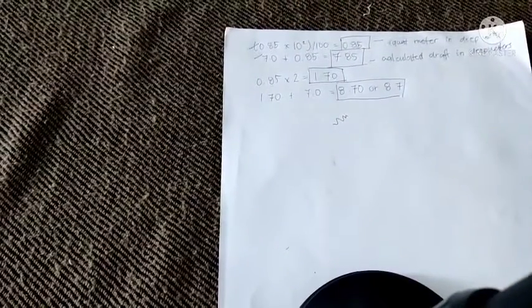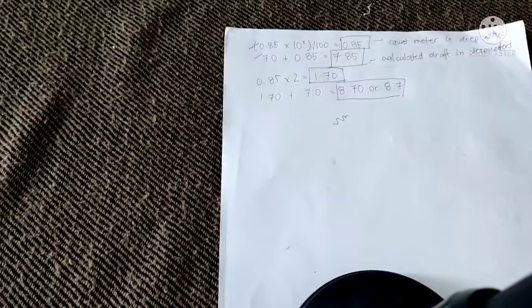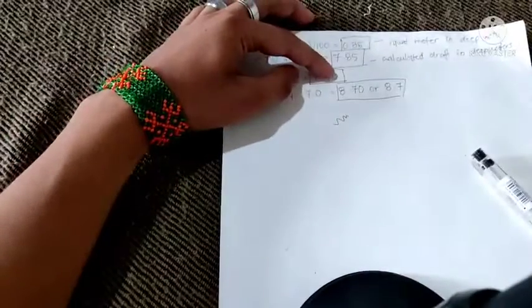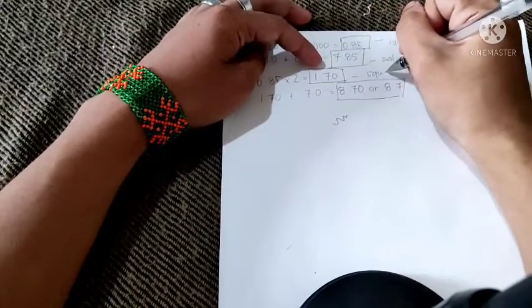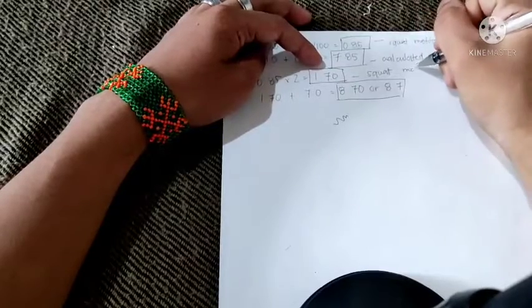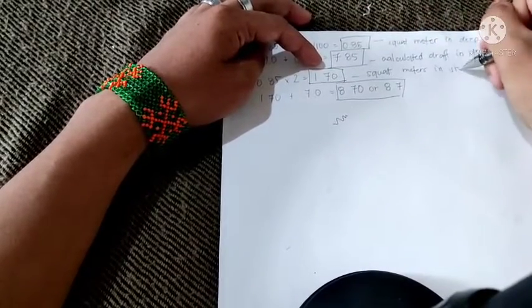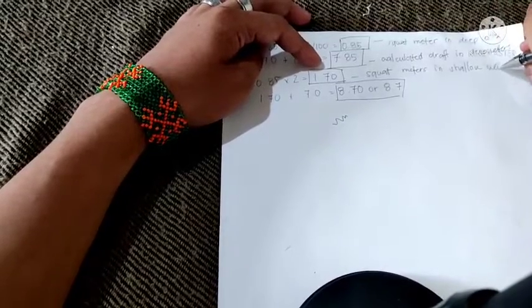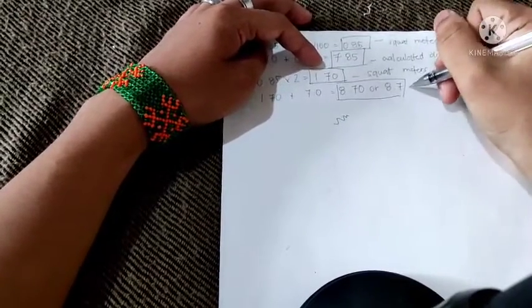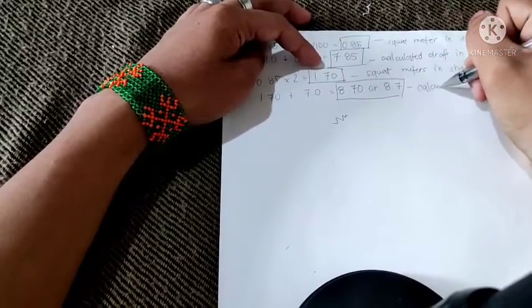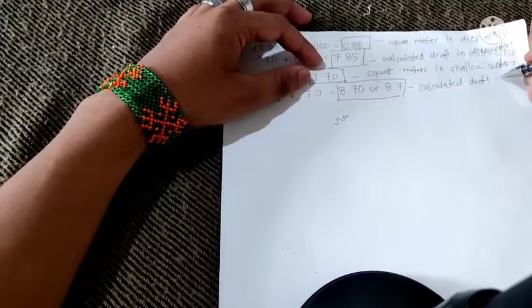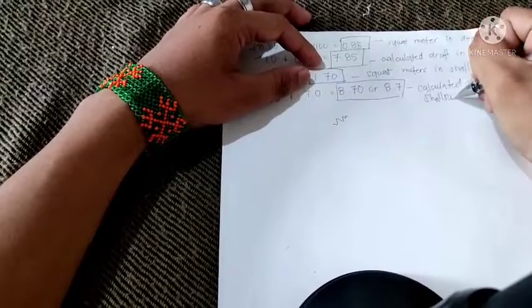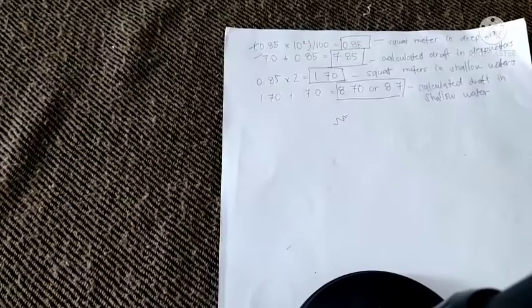Sa question number 7 naman is the squat of the ship in meters in shallow water. Number 9 question is the calculated draft in shallow water. So tapos na tayo sa 1 to 9 questions.